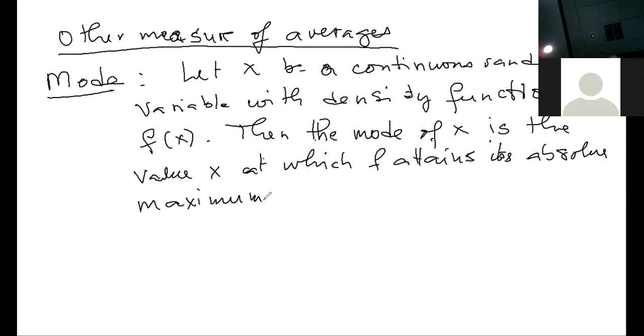So the value where we have the absolute maximum for a density function, and I want you to observe that the density function can be more than 1, unlike the distribution function. The probability distribution function is between 0 and 1, but for f of x, the only requirement is that it is non-negative. So it can be more than 1.